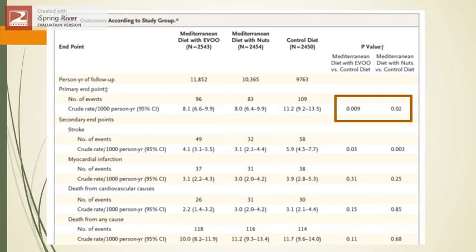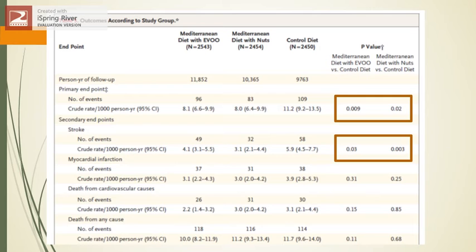The rate in the Mediterranean diet with extra virgin olive oil was 8.1, with the Mediterranean diet with nuts was 8, and then the control diet was 11.2. So these p-values are really small. That means there's a difference in the Mediterranean diet versus the control group. And so basically that means that the Mediterranean diet worked. It did indeed reduce risk.